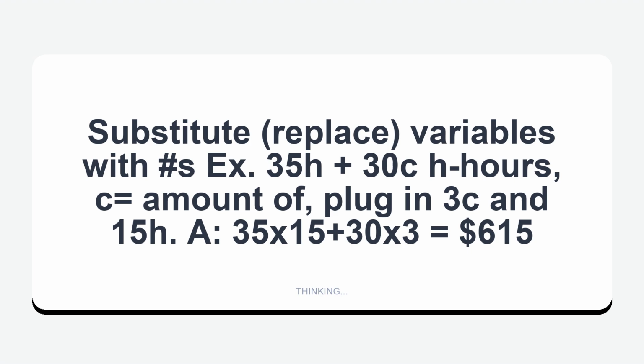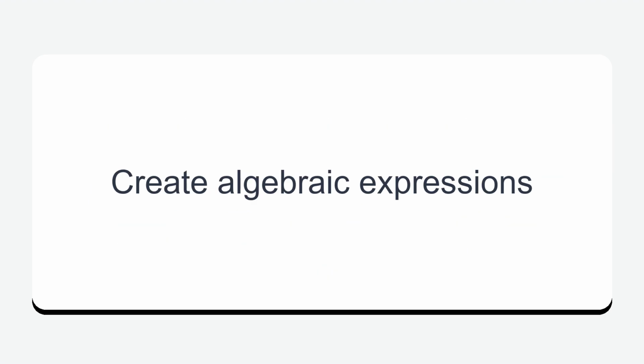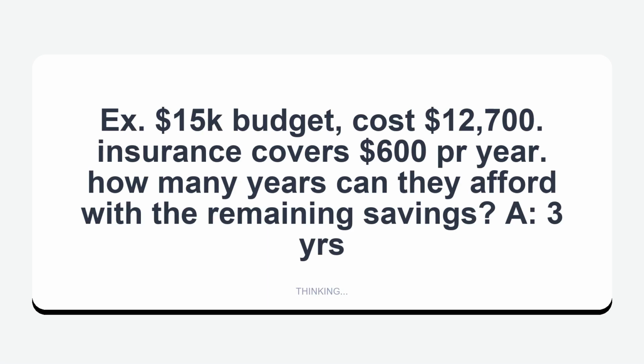A. 35 x 15 + 30 x 3 equals $615. Create algebraic expressions. Example: $15,000 budget, cost $12,700. Insurance covers $600 per year. How many years can they afford with the remaining savings? A. 3 years.